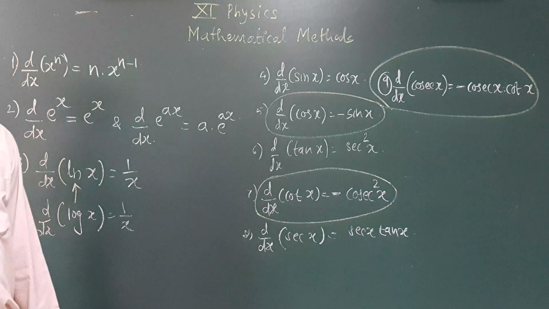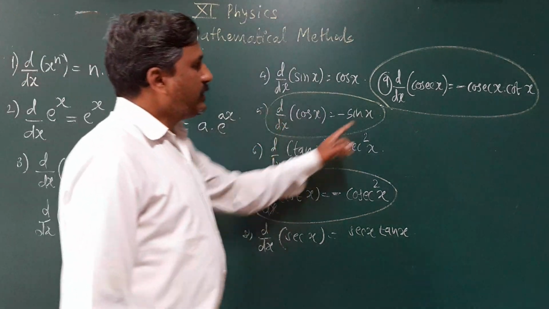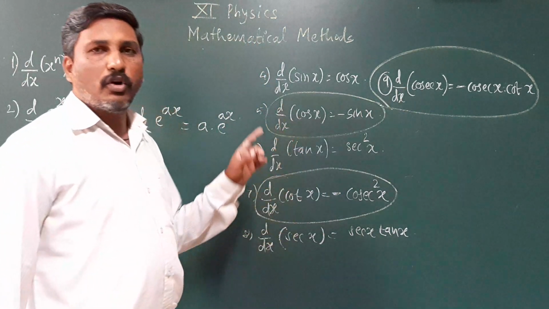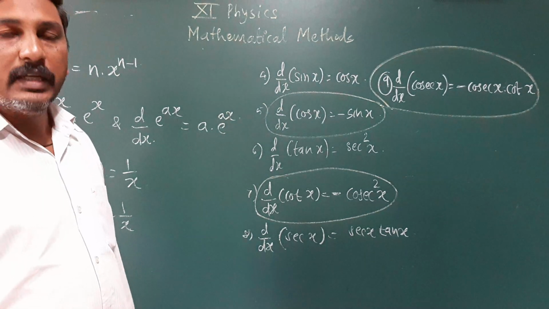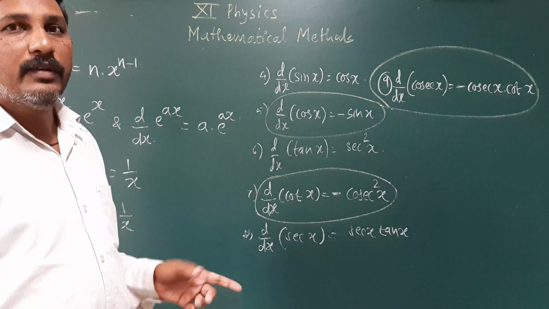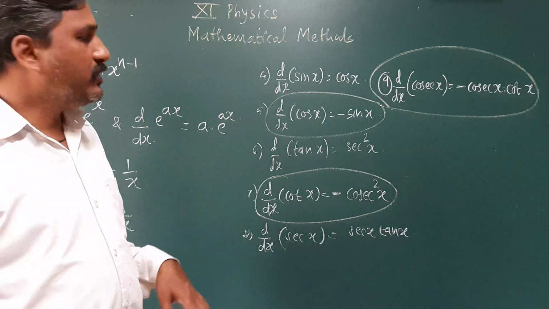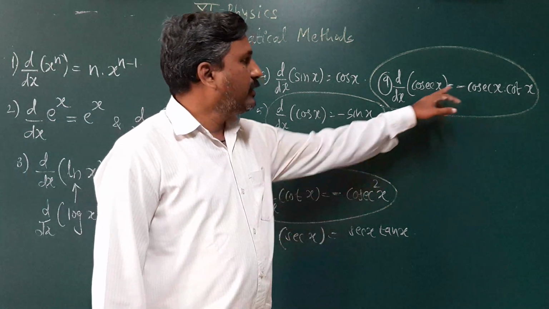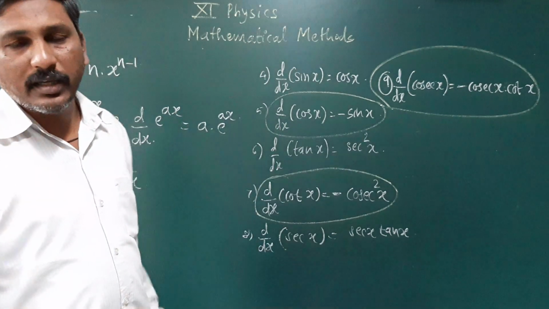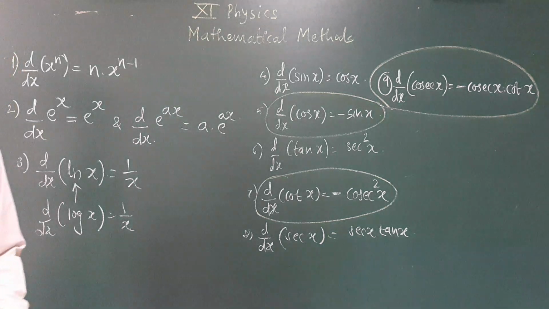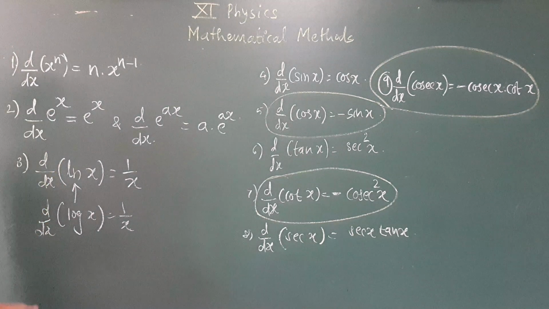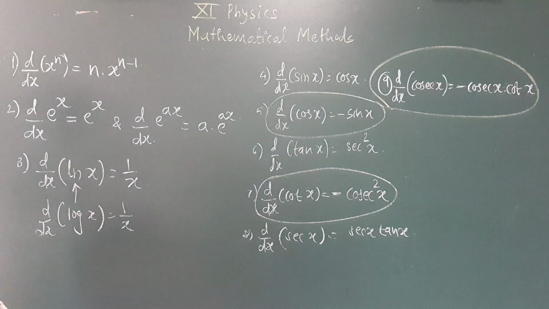All start from C: cos x, cot x, and cosec x. Their derivatives, their differentiation, start with the minus. This is very important. Remember all the terms, remember all the rules for differentiation.